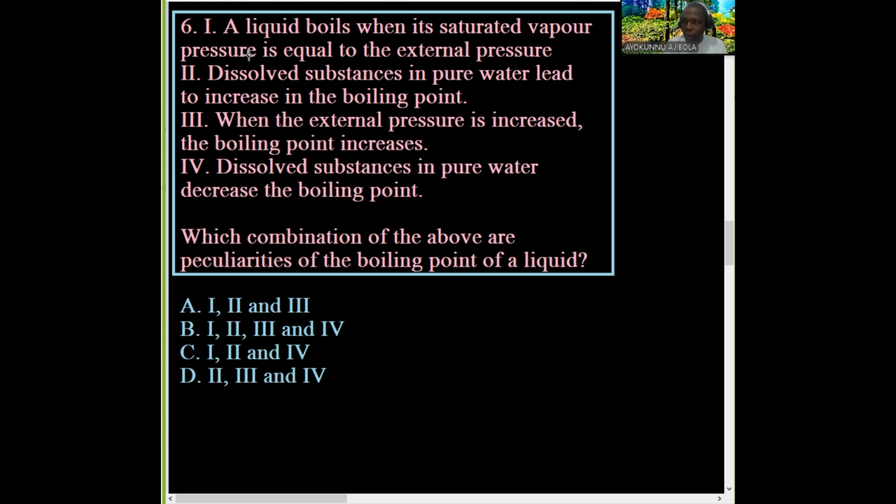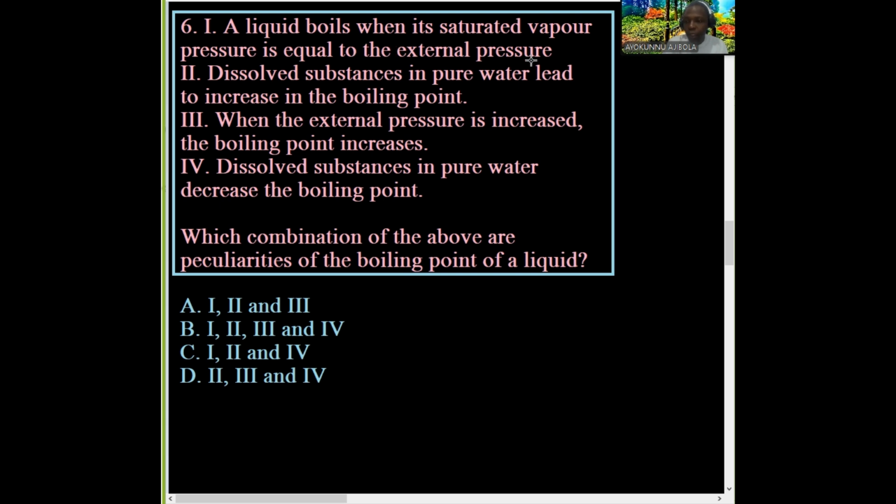So that means a liquid boils when its saturated vapor pressure is equal to the atmospheric pressure, which is the same as the external pressure. Take note of that, because if they ask you to define boiling point, don't put external pressure.